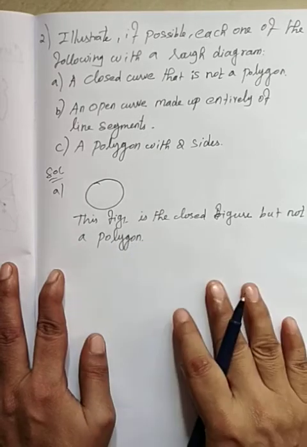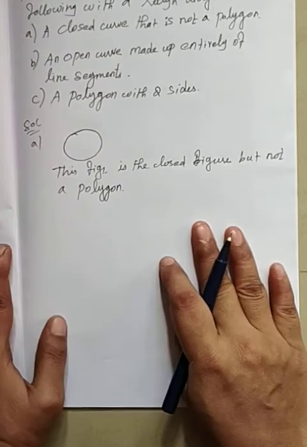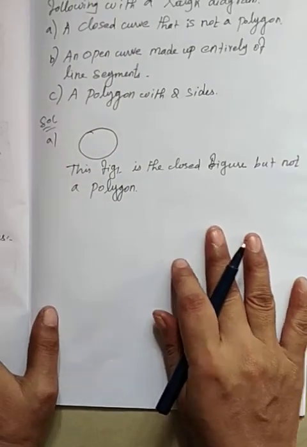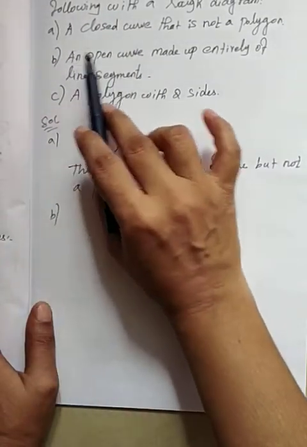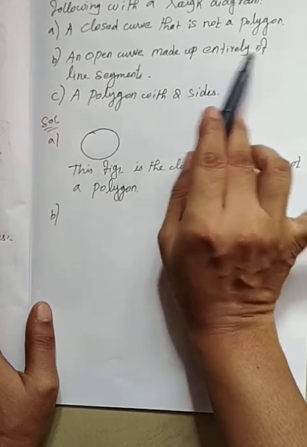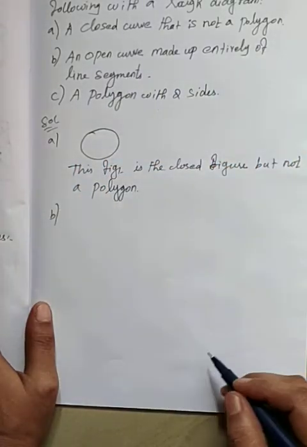Polygon means you need line segments. Clear?